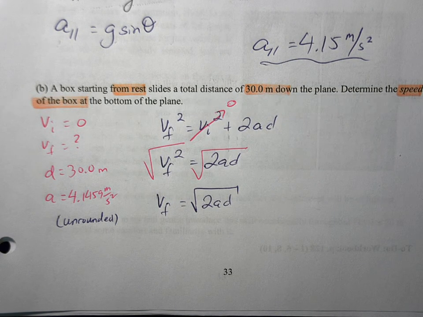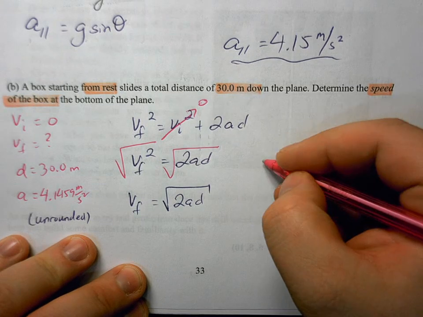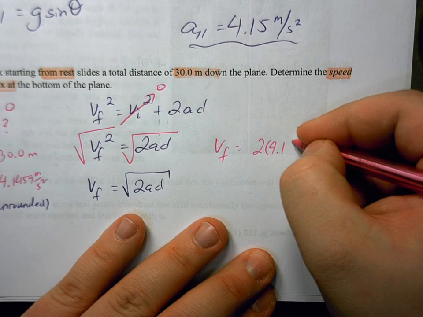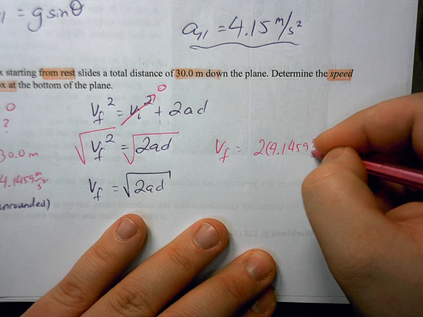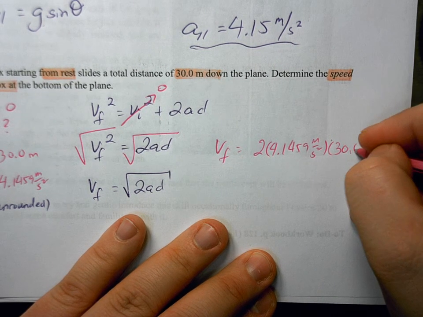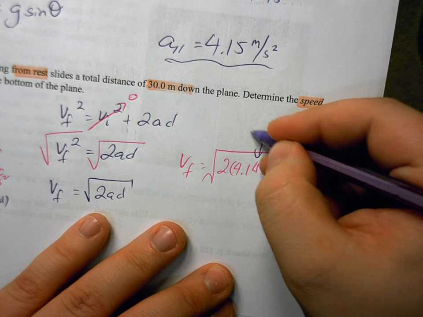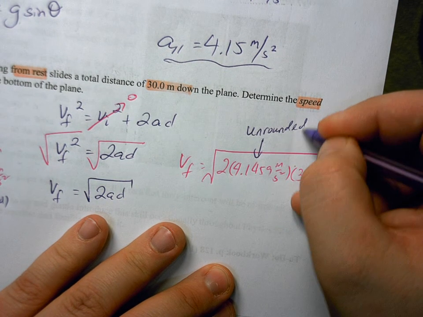So last bit, let's plug in what we know. We know that VF is going to be the square root of twice that acceleration that we calculated in part A, multiplied by that distance of 30 meters. Again, for this acceleration, use your unrounded value here.